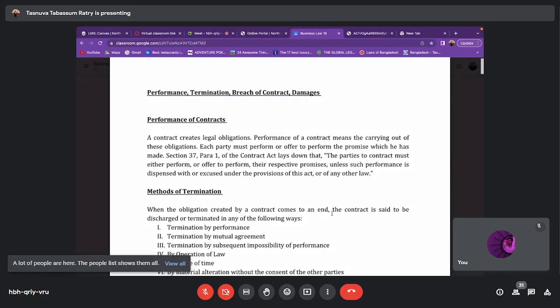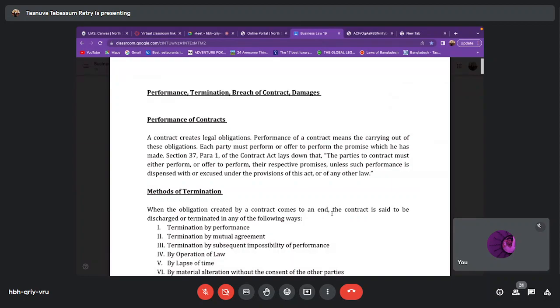And then we also saw that if the contract is caused by any mistake of fact, where the main factual statement is mistakenly obtained and none of the parties were aware of that fact, then that contract will be caused by mistake, and as a result, the contract becomes void.